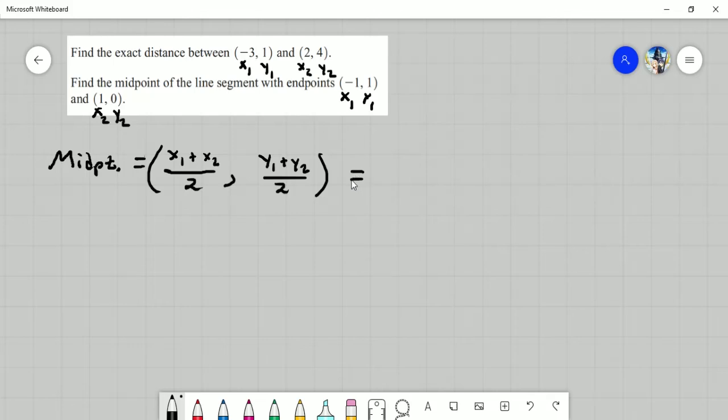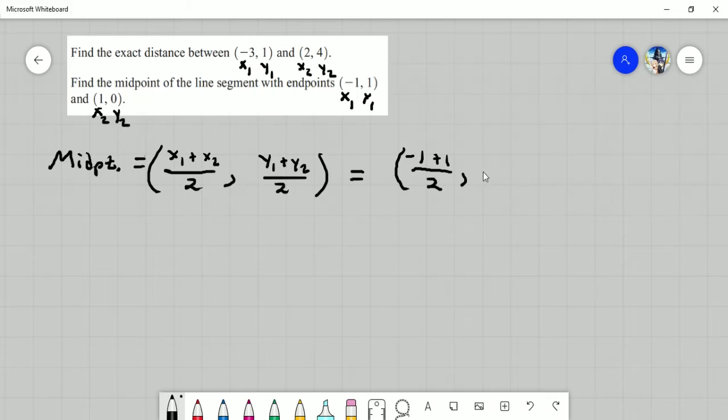So now all we have to do is plug it in. So x1, -1 plus 1 over 2. See, my brain is working ahead, and that'll happen sometimes. That's okay. That just means we have to slow it down a bit. When we know something is a very easy problem, that gives us more opportunity to make a mistake, actually.